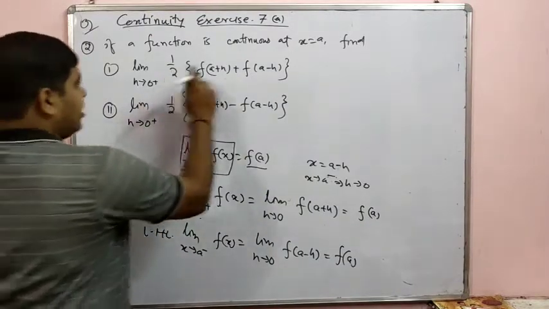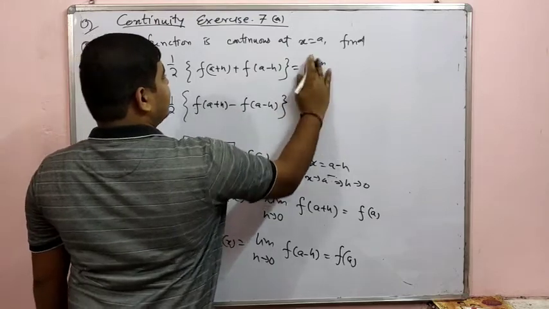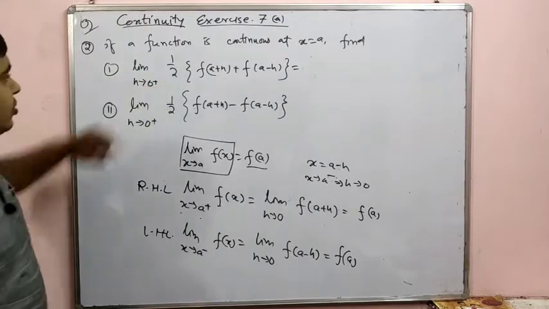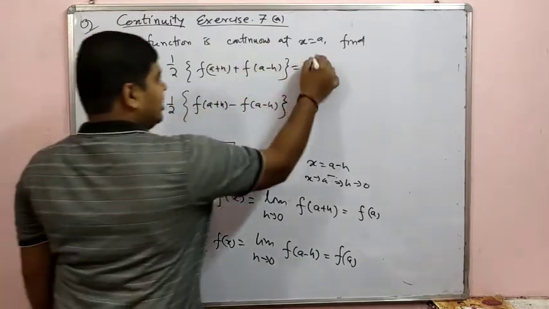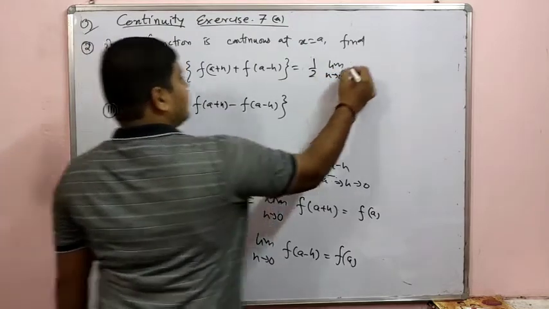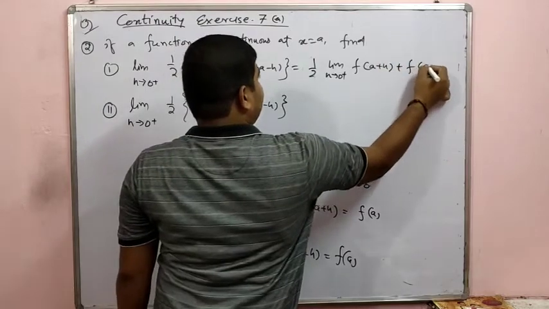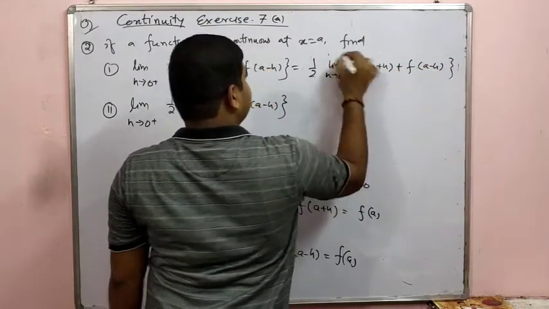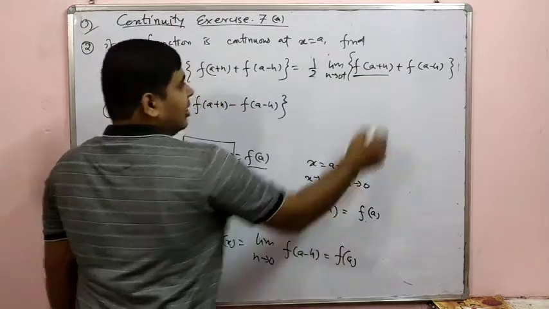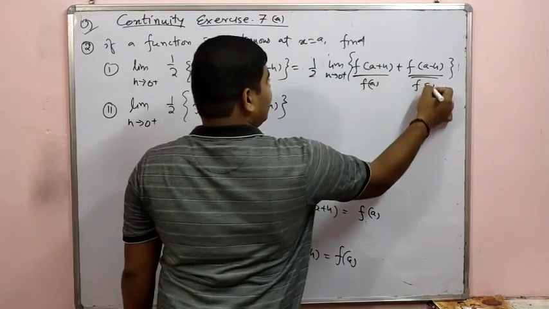Now this is equal to limit h tends to 0 plus 1/2 of f of a plus h plus f of a minus h. Here f of a plus h is f of a and f of a minus h is also f of a.